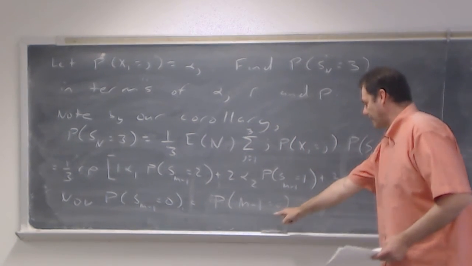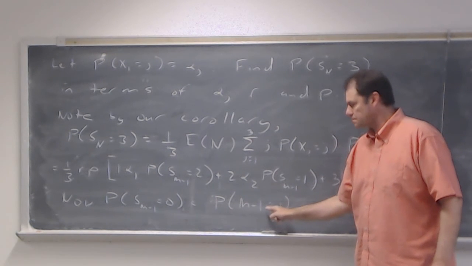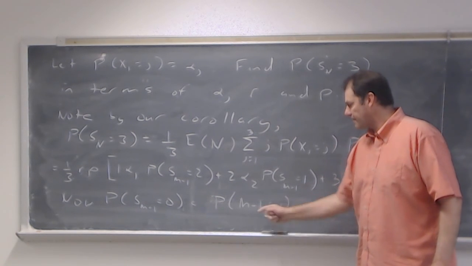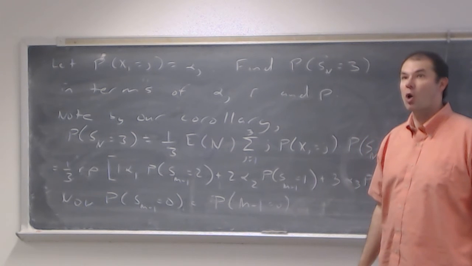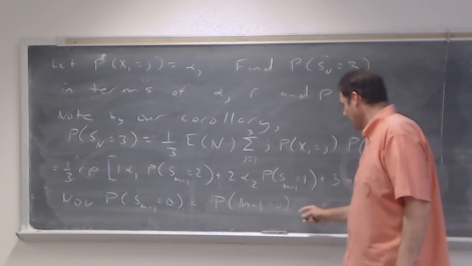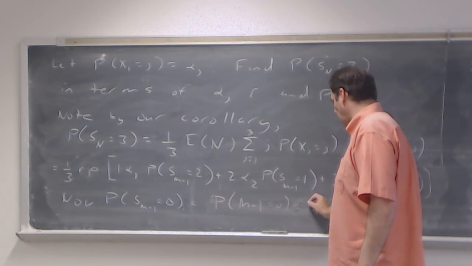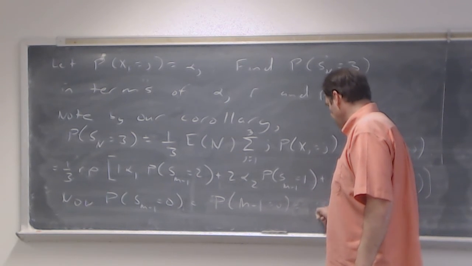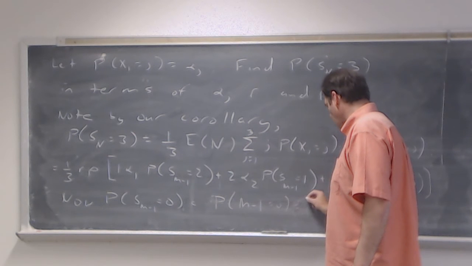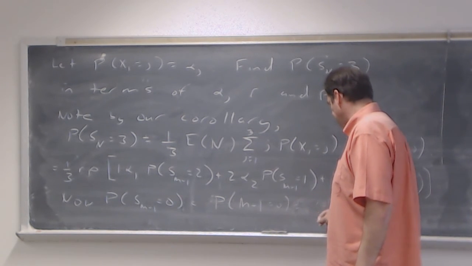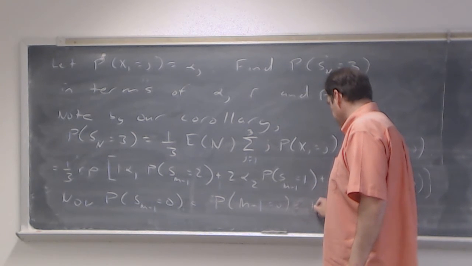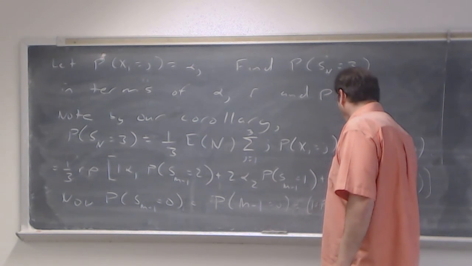So here, this is again binomial with parameters r minus 1 and p. And so what I end up getting is r minus 1 choose 0, that's just 1. A p to the 0, that's just 1. And here's 1 minus p to the r minus 1.